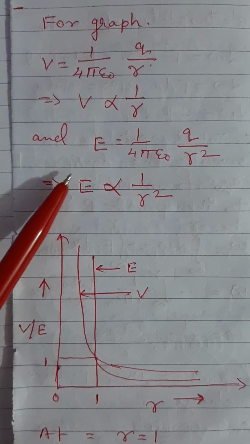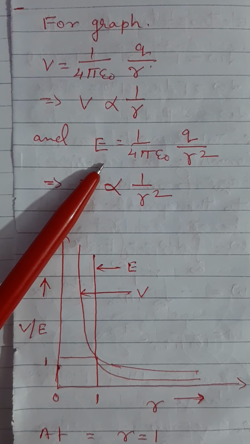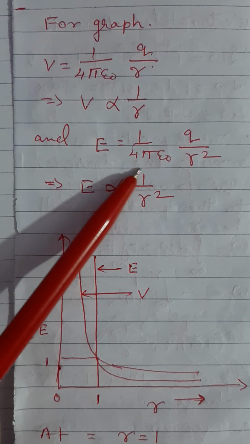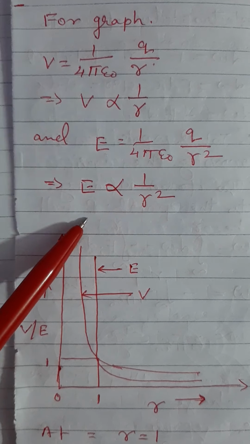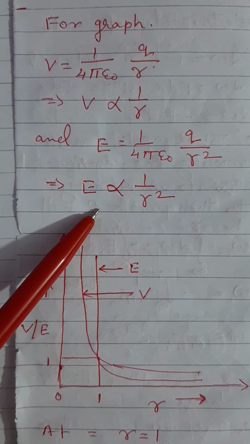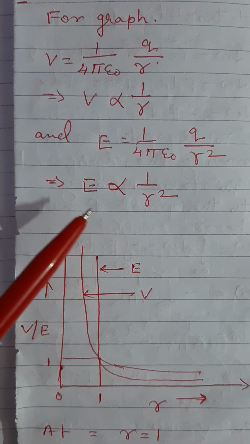And you know that electric field is given by 1 by 4 pi epsilon naught Q by r square. Once again, Q by 4 pi epsilon naught is a constant quantity, so electric field is directly proportional to 1 by distance square, or inversely proportional to the square of the distance.